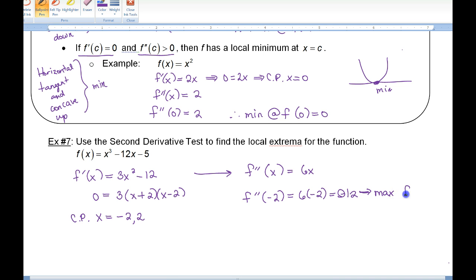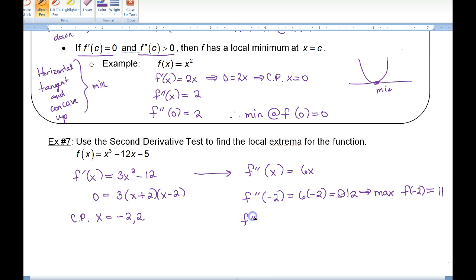Well, that's going to be f of -2 plugged back into the original, which I didn't figure out ahead of time. So -2 to the third minus 12 times -2 minus 5, so we get 11.